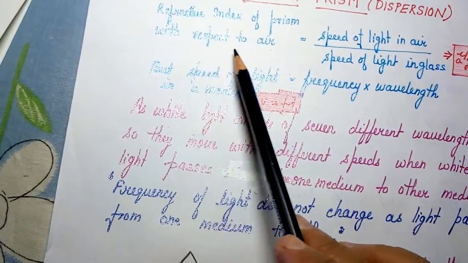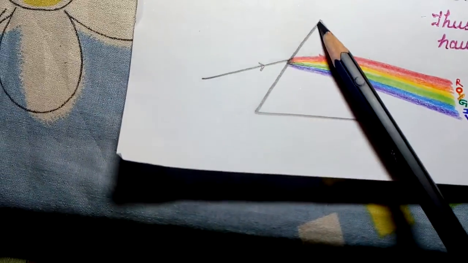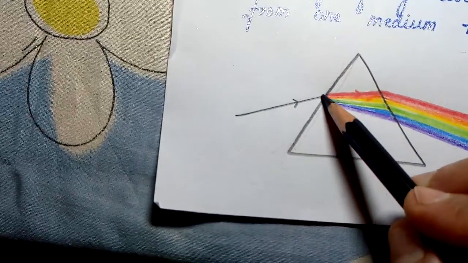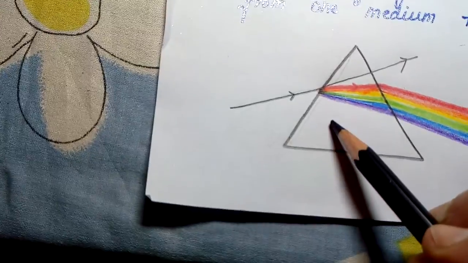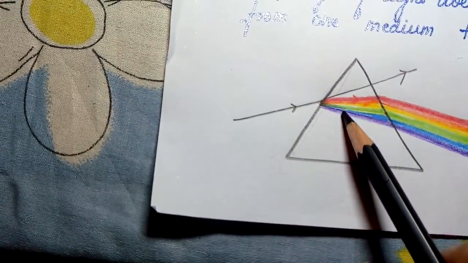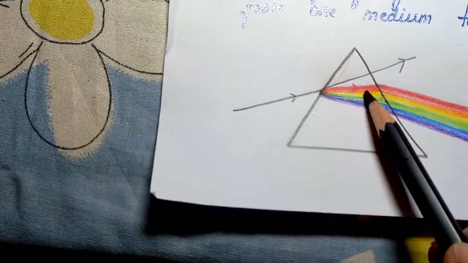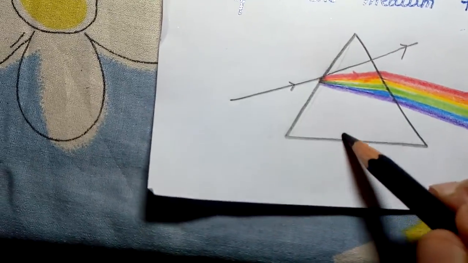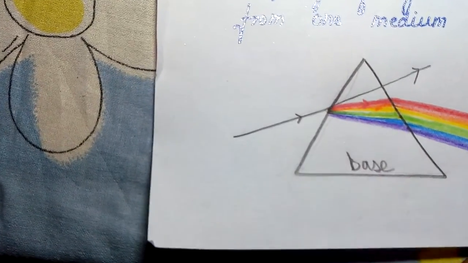And different refractive index means that when white light enters the glass, see, if glass prism is not here, the white light should pass like this. But can you see that light ray has changed its path? Light ray bends towards the base of the prism. This is called base of the prism.